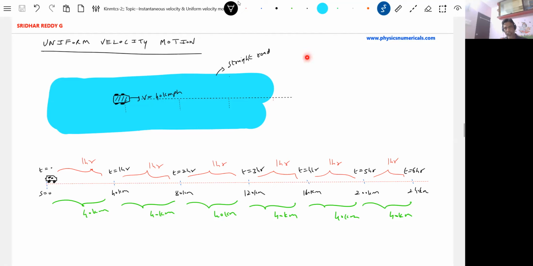If the velocity of a particle, if the magnitude and direction of motion, the magnitude and direction of velocity, you write it. Velocity of a particle. Particle means here car. Particle remains constant.